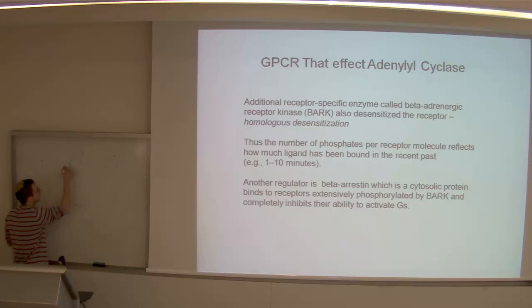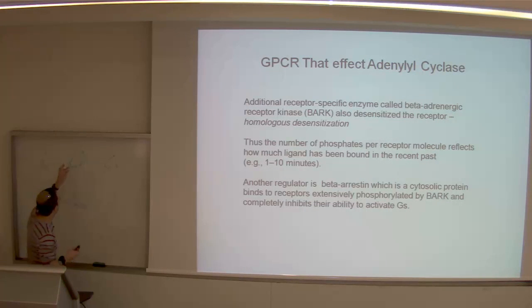These are phosphate groups. If you have a way to measure how many phosphate groups are linked to this receptor, and you know that you have a pure homologous desensitization, you can measure, or at least compare between two states, because this will be proportional to the amount of hormone that was present in the system.